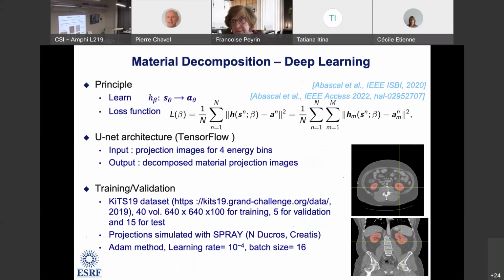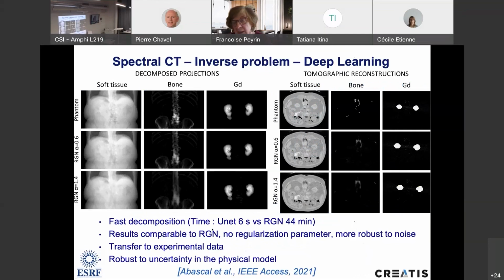Recently we have also been using deep learning to do this material decomposition. We have a paper accepted in 2021 in IEEE Access, where we have shown that we could successfully use a deep learning technique based on UNet to do this material decomposition, and that this technique has the advantage of being very fast compared to the standard optimization-based technique.